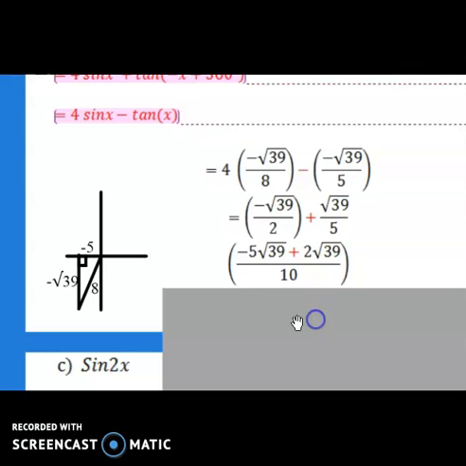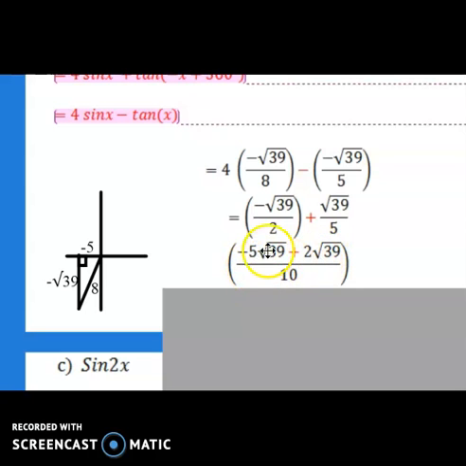Then you have negative 5 square root of 39 plus 2 square root of 39. Remember, if you divide 2 into 10, I'm left with 5. 5 must be multiplied with negative square root of 39. 5 goes in 10, 2 times, 2 multiplied by the square root of 39 is 2 square root of 39.